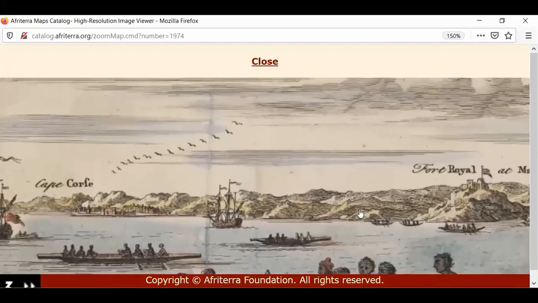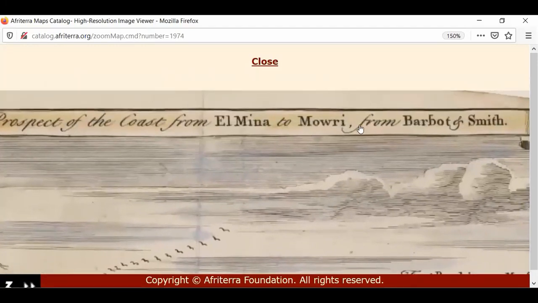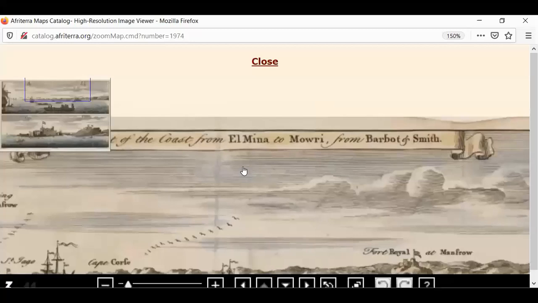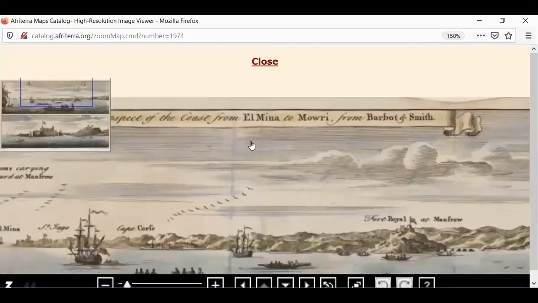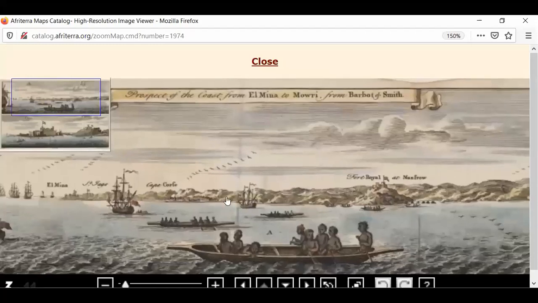And this author indicates, in fact, he's taken them from earlier representations by Barbeau and Smith, two sources which should be checked out in detail as well. But I think you can get a sense of how rich this collection of Dr. Rizzo is.